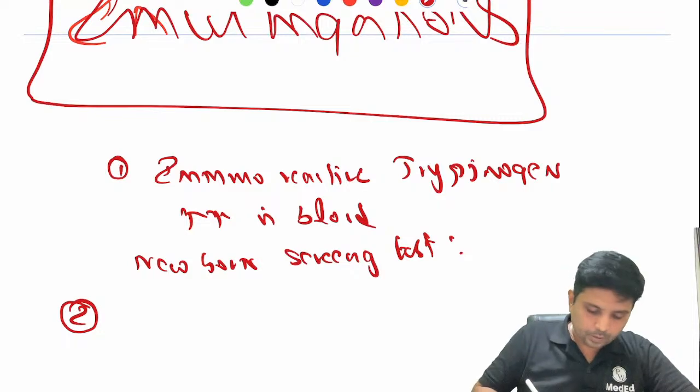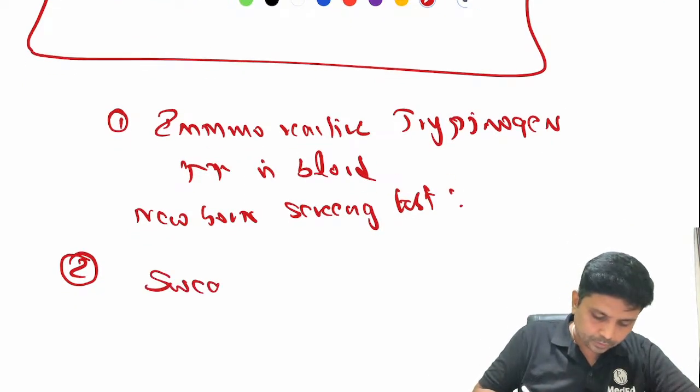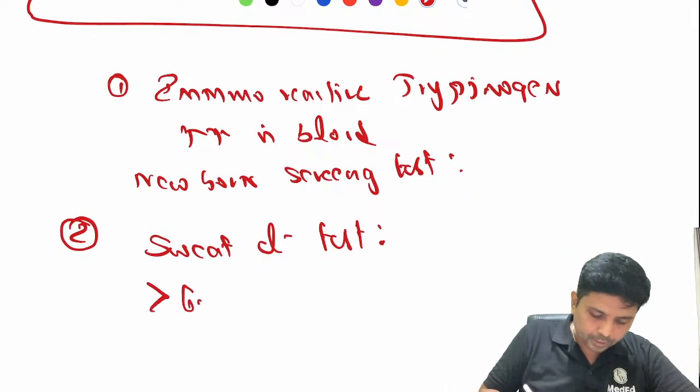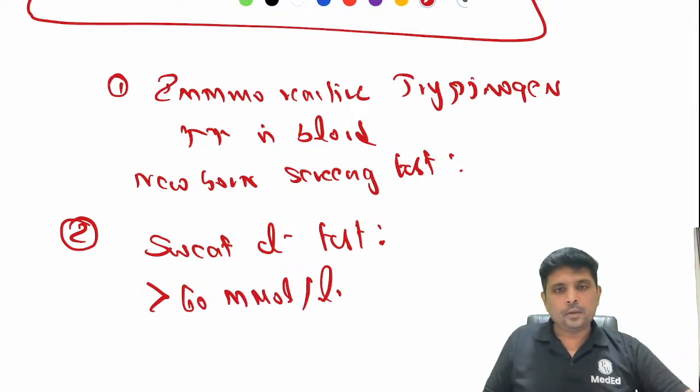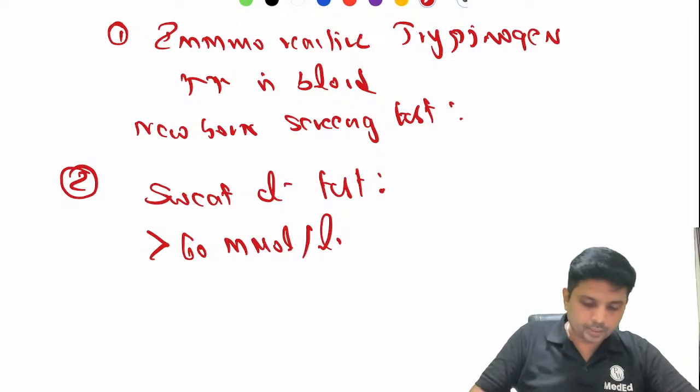Second. What are all the other things? Sweat chloride test. Usually if it is more than 60 millimole per liter, it is considered positive.